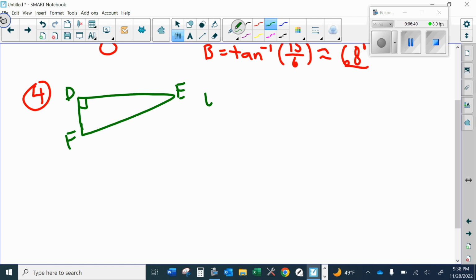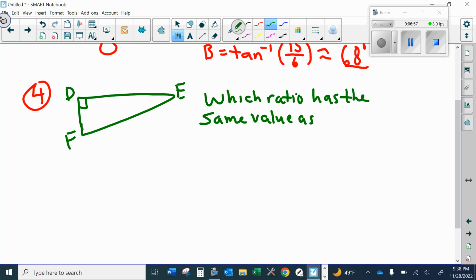And the question is which ratio has the same value as sine of E. Okay, and it's multiple choice. You gotta pick them here.